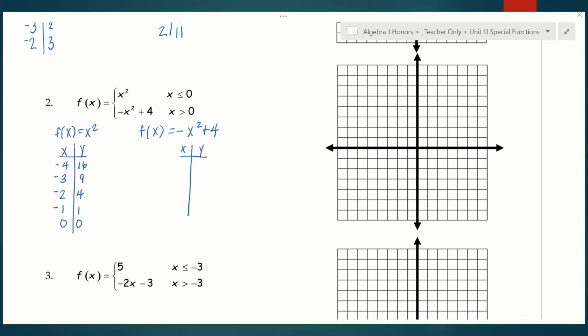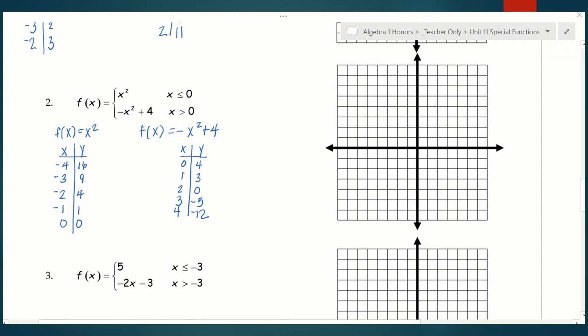For this one, it's saying x is greater than 0. So I am going to choose to do 0, 1, 2, 3, 4 for that. And if I copy down my table, looks like I'm getting 4, 3, 0.